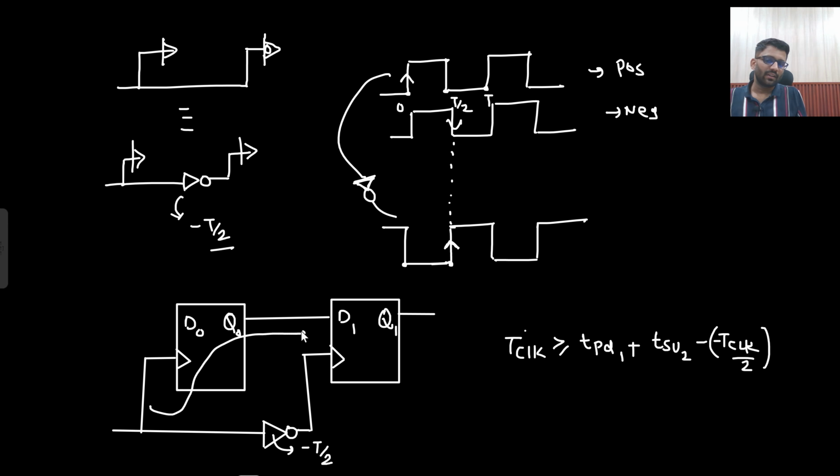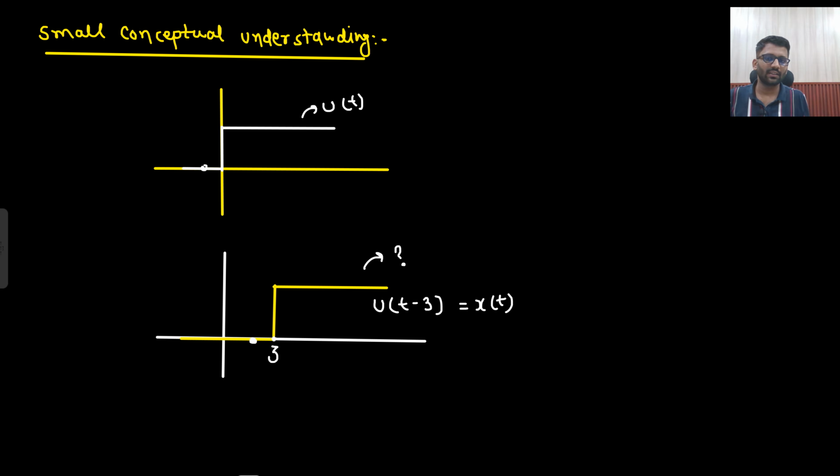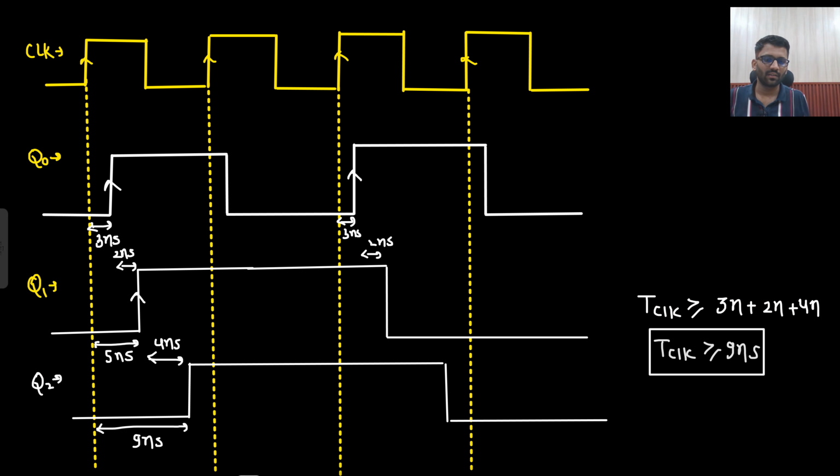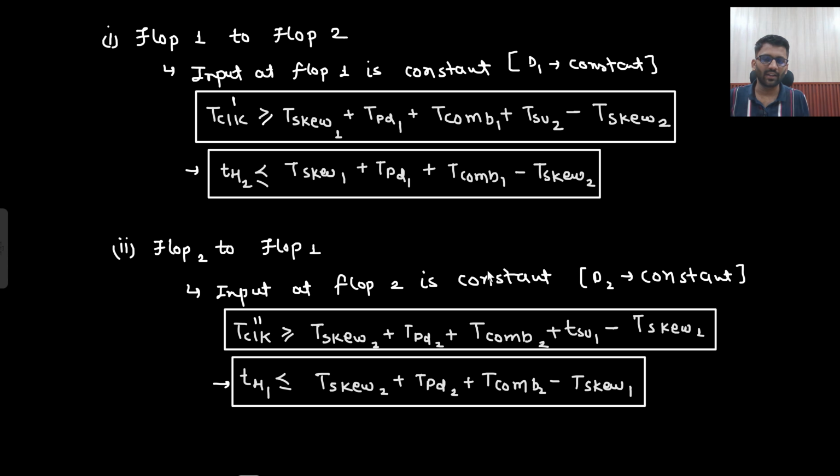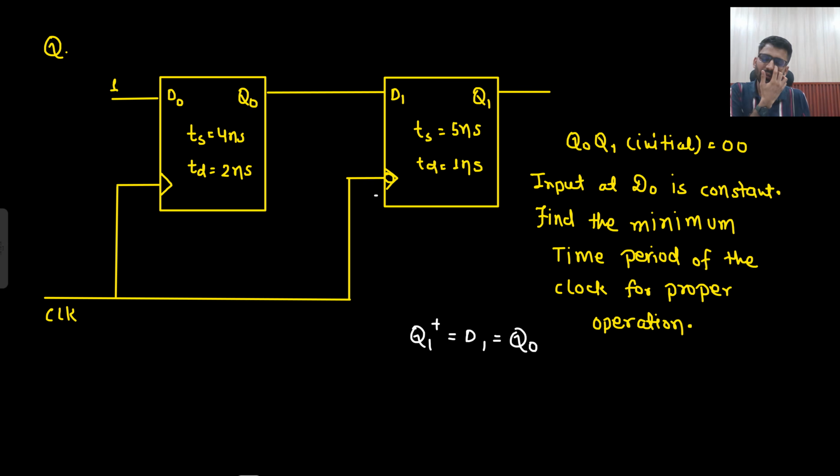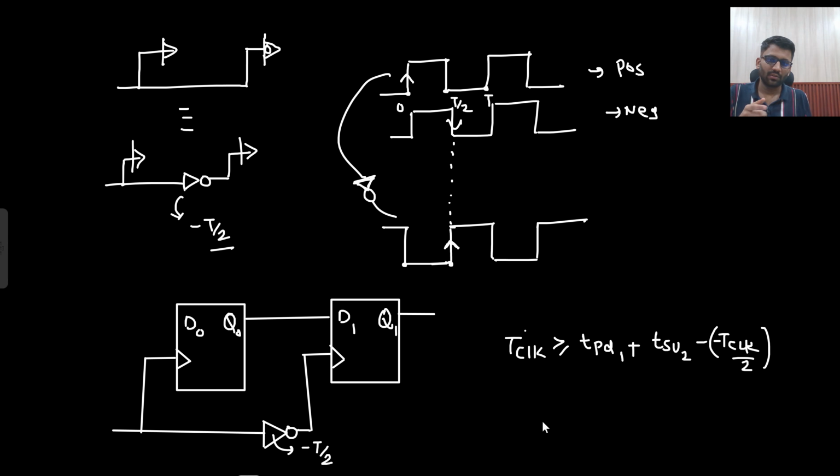The time required to reach here plus the setup margin minus this clock skew. This is what we were doing in the last lecture. Do you remember it? I hope you remember it. I am just showing it again. The total time required plus T setup minus clock skew of the clock where we are reaching. So clock skew of this where we are reaching.